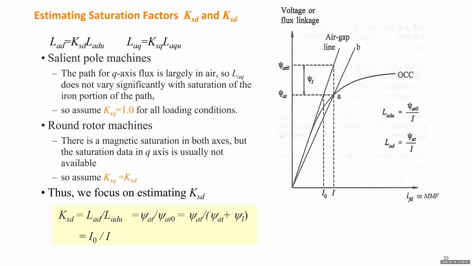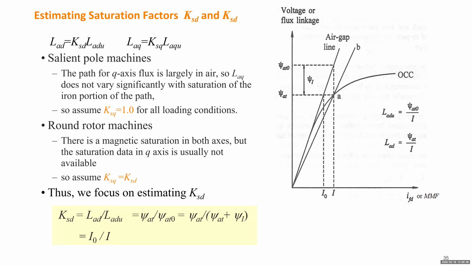And also from this figure, if we want to estimate K_SD, by definition it is the saturated inductance divided by the unsaturated inductance. From this triangle we can know K_SD is simply psi_AT divided by psi_AT0. Psi_AT0 is, using the same current without saturation, the flux linkage we can generate.